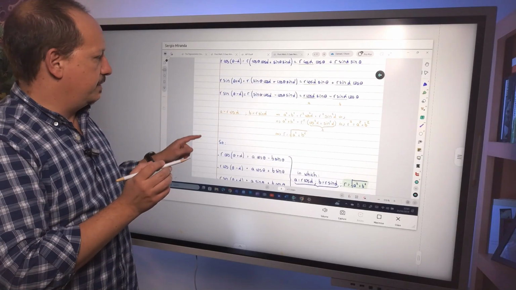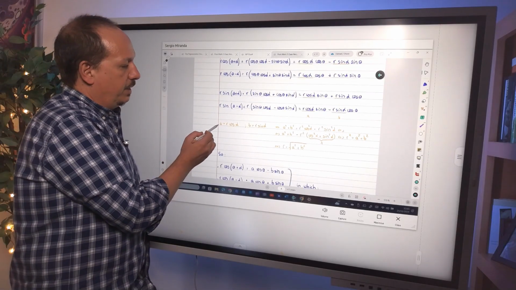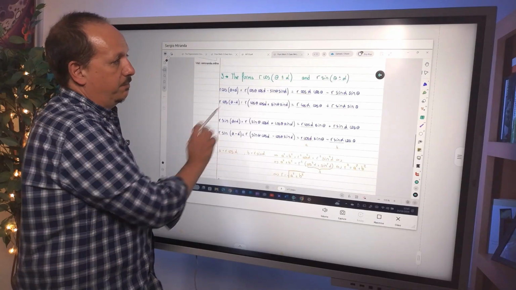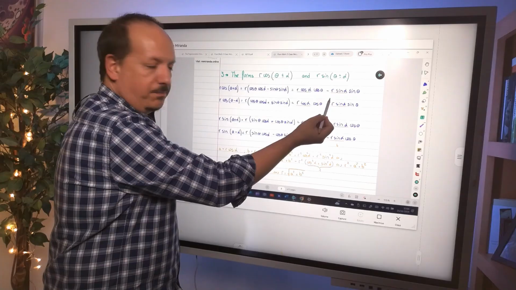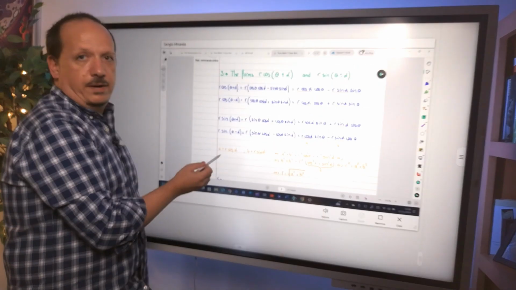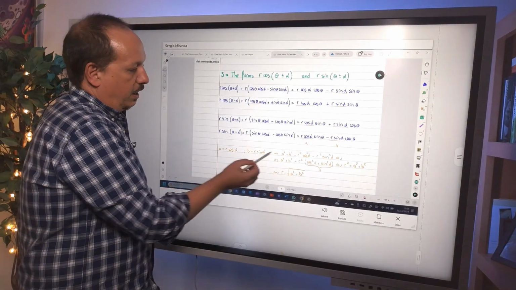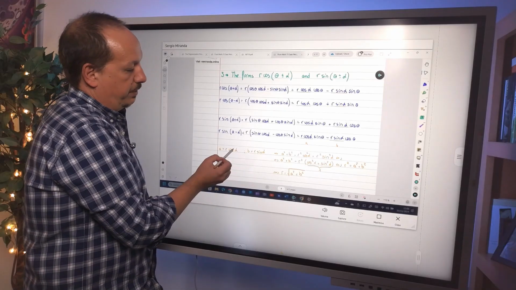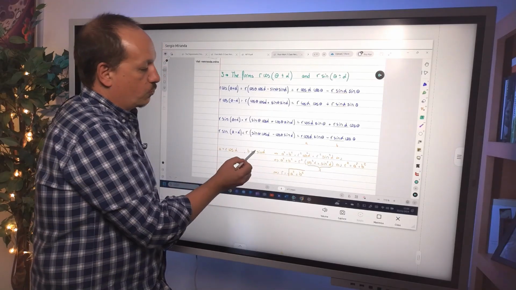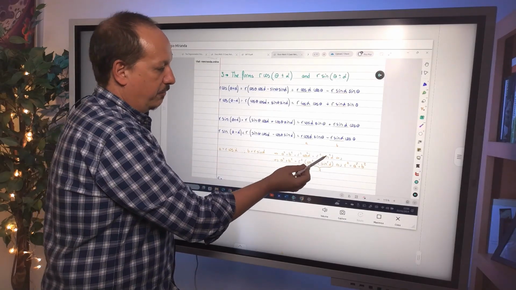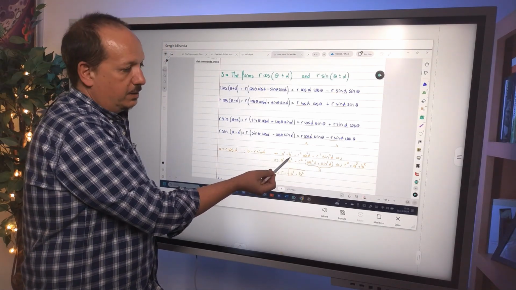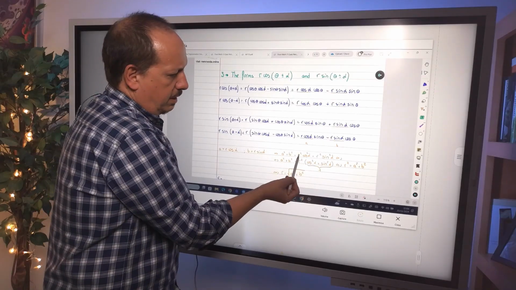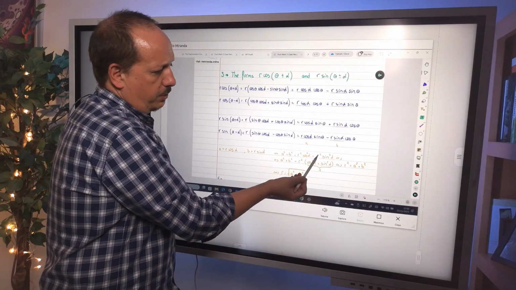How do you do this? Again, A is R cosine of alpha, and B is R sine of alpha. Let's square them. So R squared cosine square of alpha plus R squared sine square of alpha is going to be equal to A square plus B square, right? I can just factorize the R squared, right?